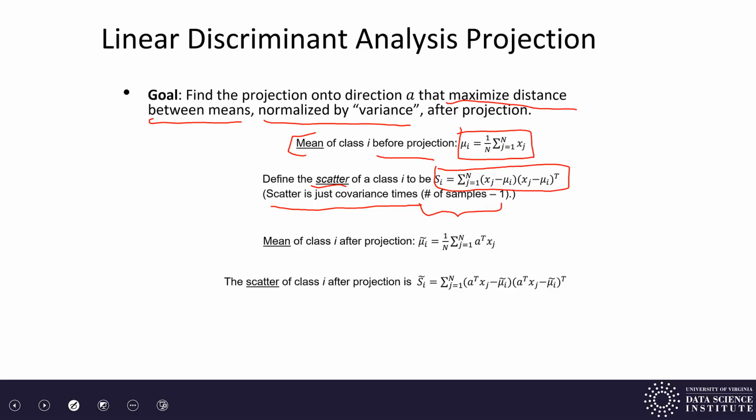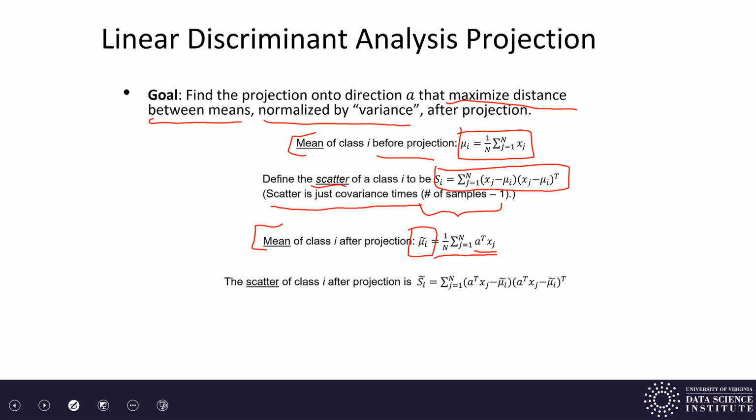So what are we going to do? We're going to compute the mean of each class after projection. So two more definitions, and these are fairly straightforward. This is the mean of class i after projection. This is the formula for the projection of point xj. We sum up all the projected points xj and multiply by 1 over n, and that gives us the mean after projection.